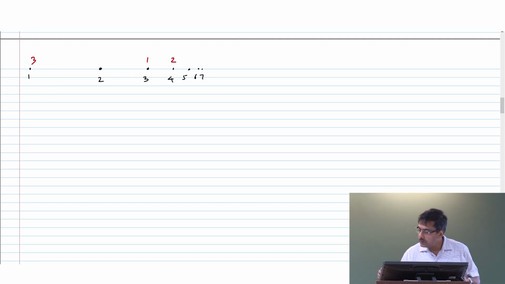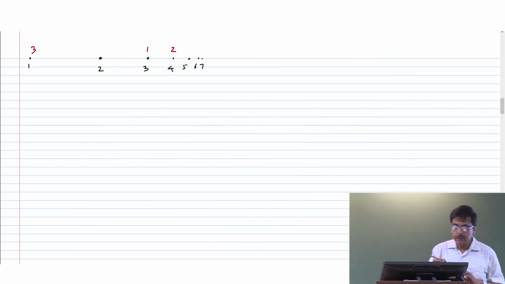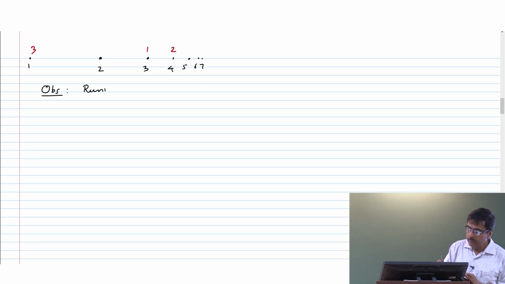If I go back to the previous page, so the observation is: the running time T of n will depend on the permutation.